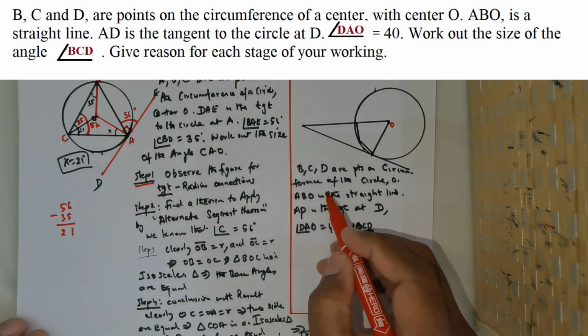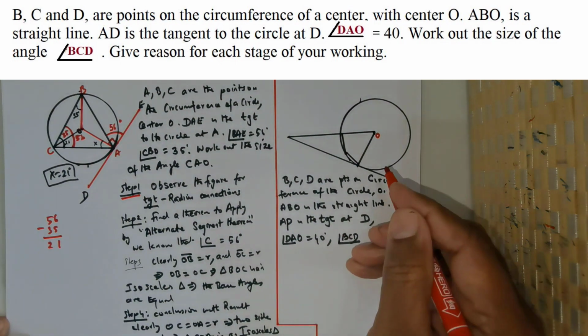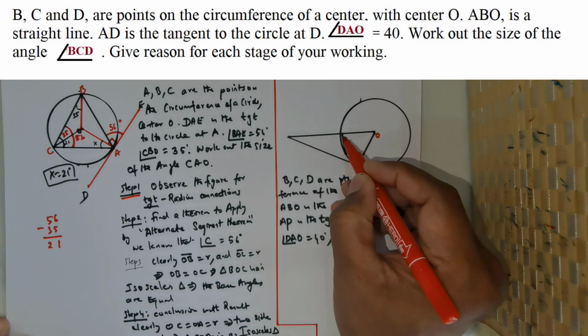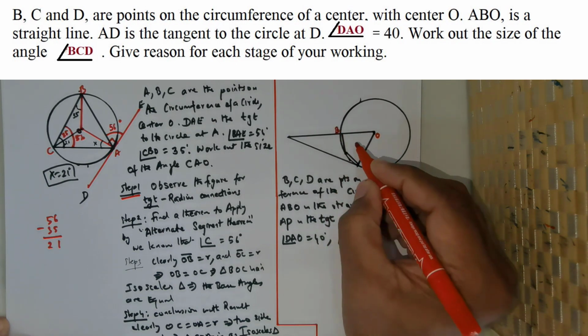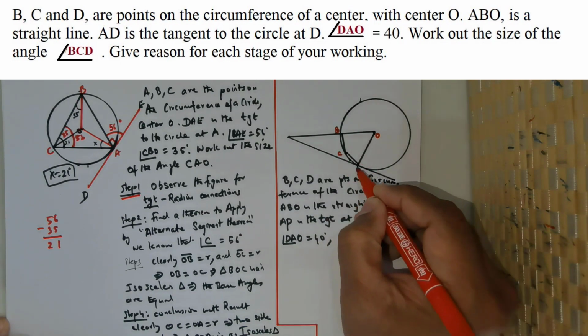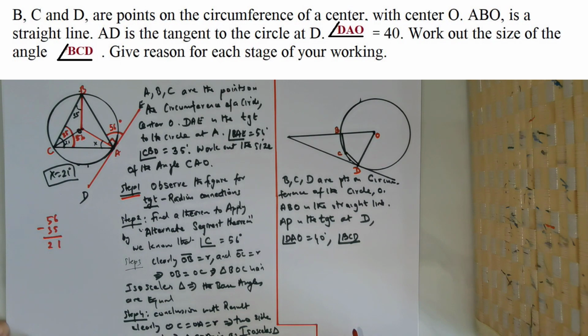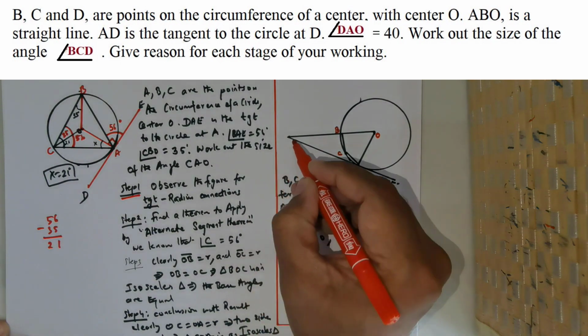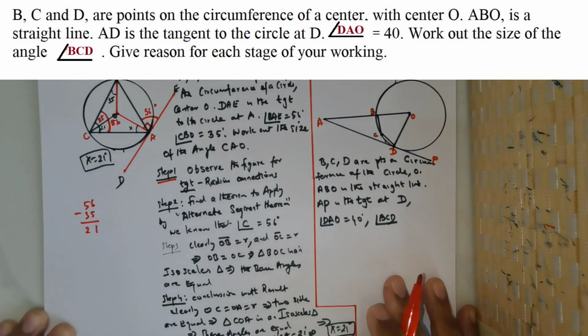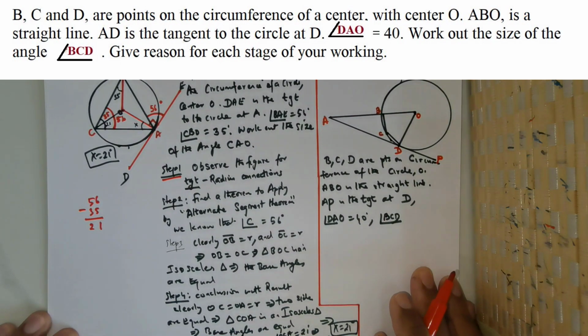Now let me mark these spots. So BCD, they are points on the circumference. So you got a B here, and you have a C here, and you got a D here, and this is going to be A, and this point is going to be P, right?